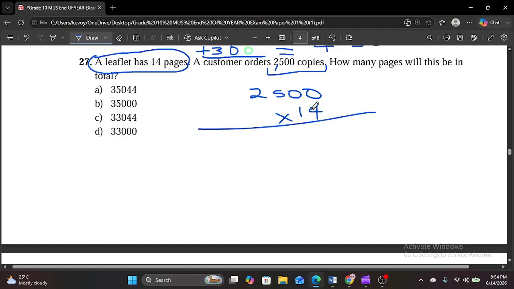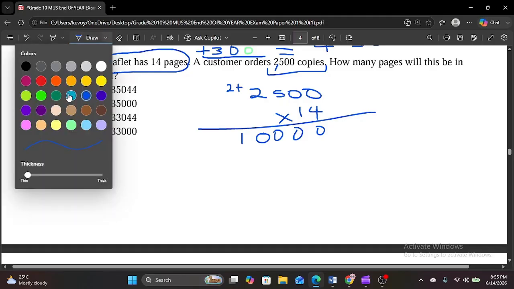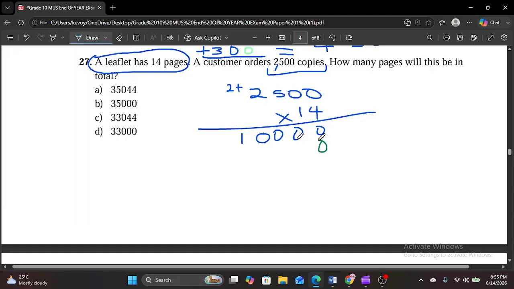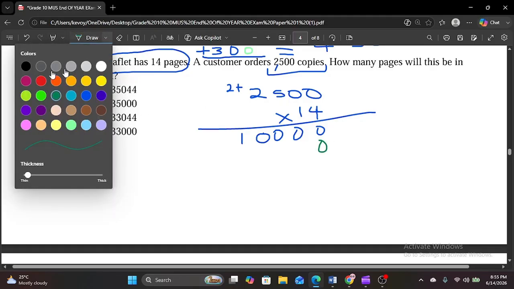All right. So 4 times 0 is going to be 0, and 0 again, because 4 times 0 is 0. 4 times 5, that's going to be 20, so 0, and you carry the 2. Remember, you multiply before you add, so 4 times 2 is 8 plus 2 again, that's going to be 10. All right, put down your placeholder, and then you multiply by 1.